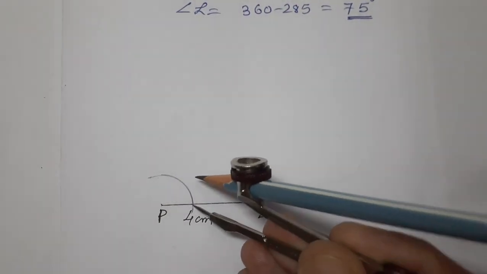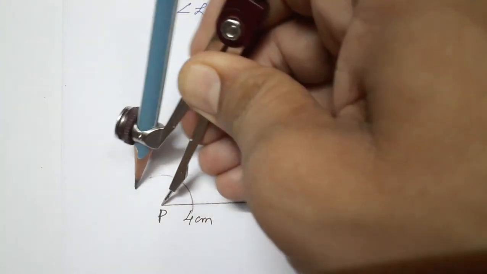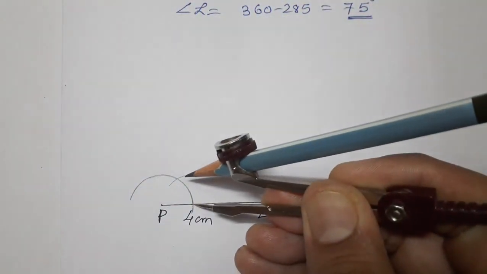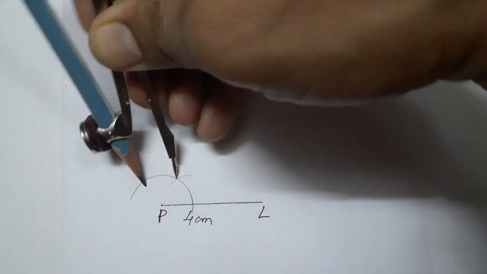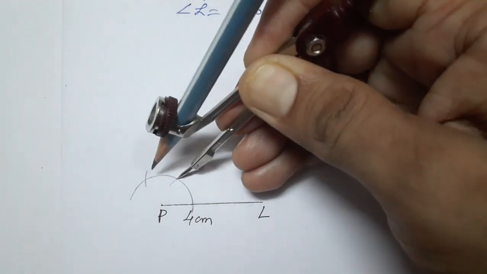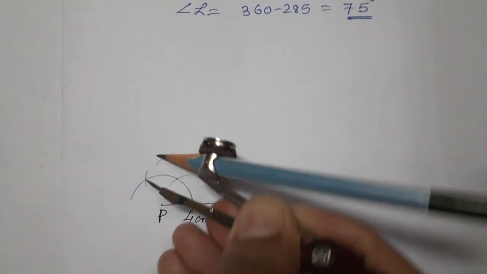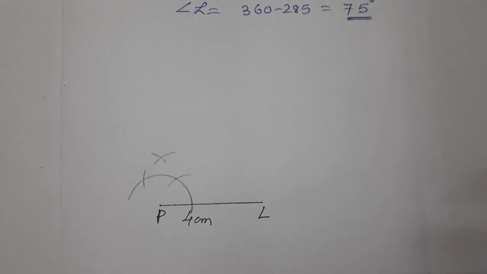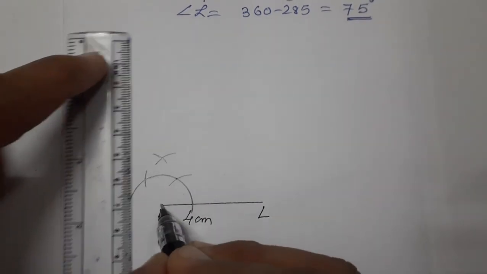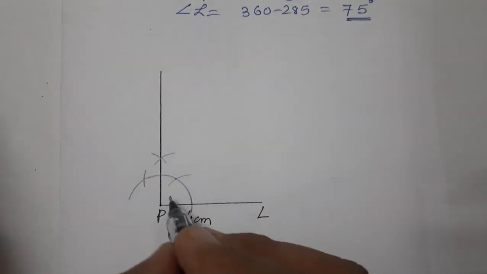So without disturbing, first extend this one. This is arc radius 60, this is 60, 60 to the 120. So we'll get 120. Now more than half, one arc from here and one arc from this side. So we'll get 90 degrees. Measure, join it. This is 90.